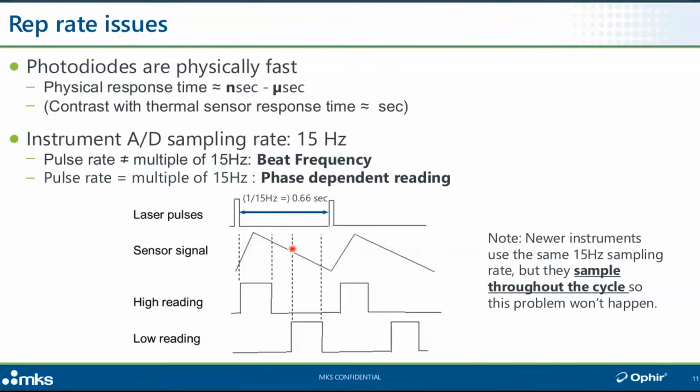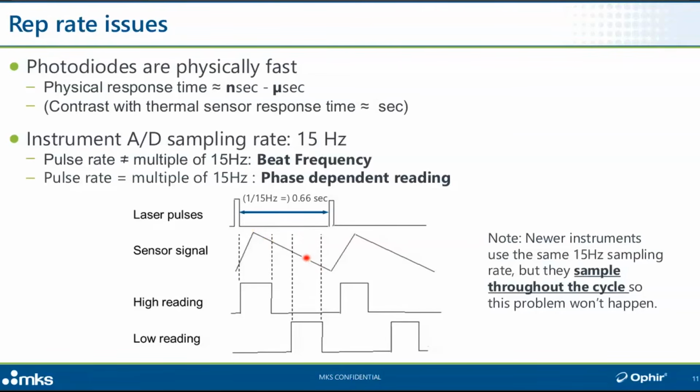So as you can see now, what happens when a light pulse comes into the sensor, the analog signal maximizes and then slowly drops back down to zero. It's not a Dirac delta function, if you remember that. The drop takes time. So if my sampling takes place early in the cycle, I'm going to get a high reading. If my sampling takes place later in the cycle, I'm going to get a lower reading.